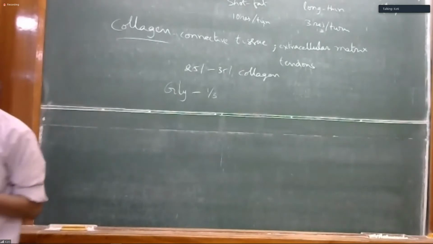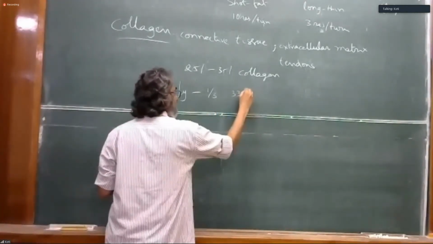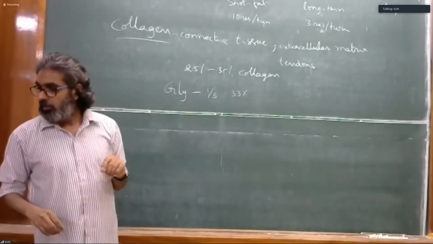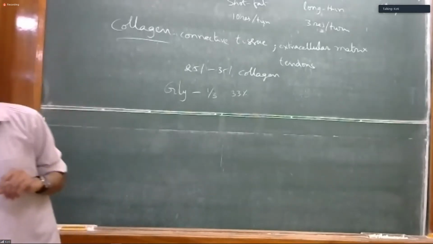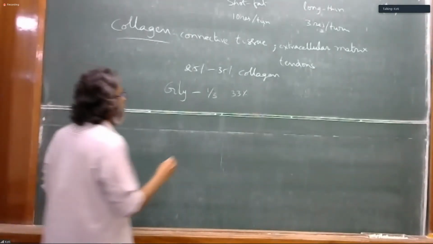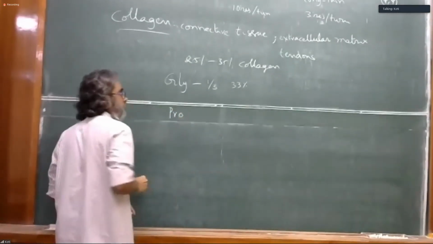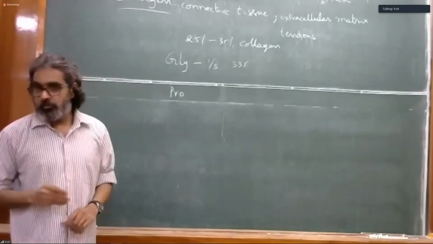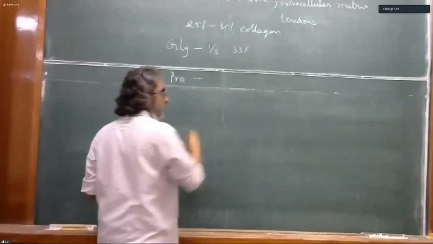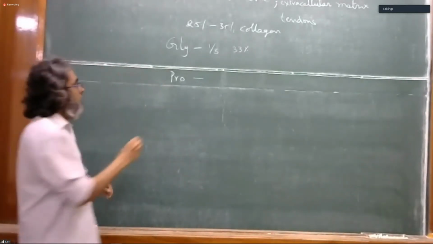Basically, 33% of the amino acid content in collagen is glycine, and then comes proline. Proline is the next important amino acid, which contributes roughly 20%.